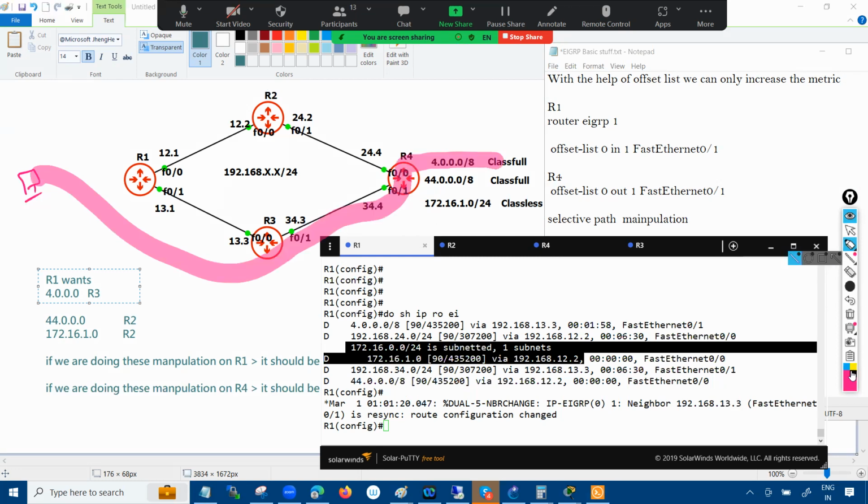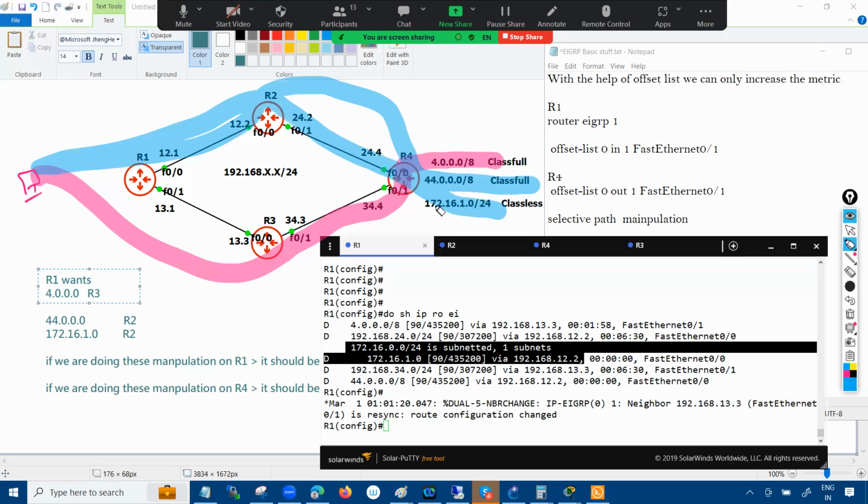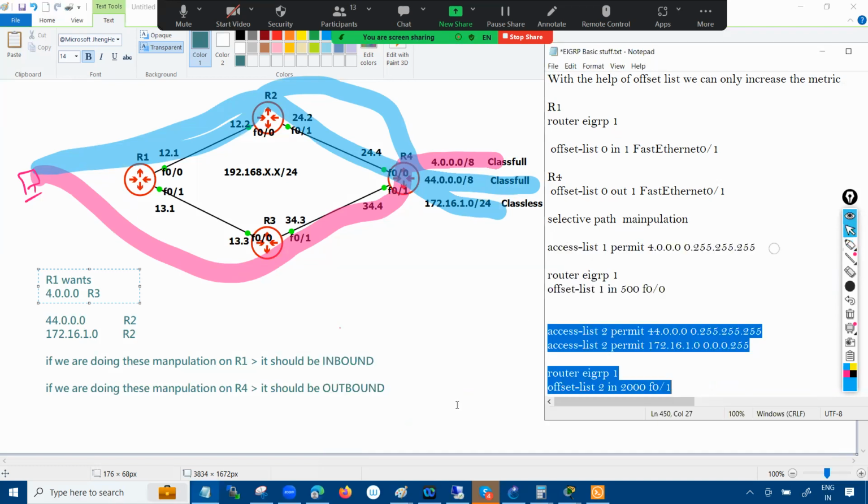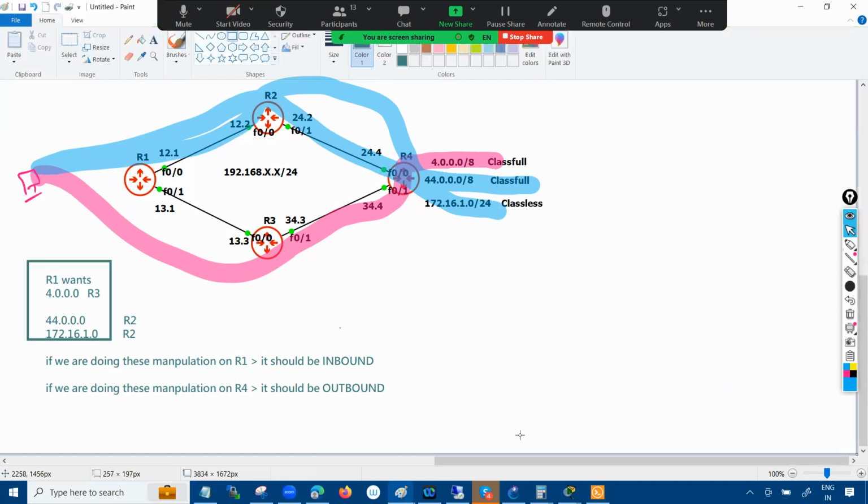If they send the traffic to the 44.0 network, they will go this way. Even for the 172.16.0 network, they will go this way. That's the smarter thing we did.